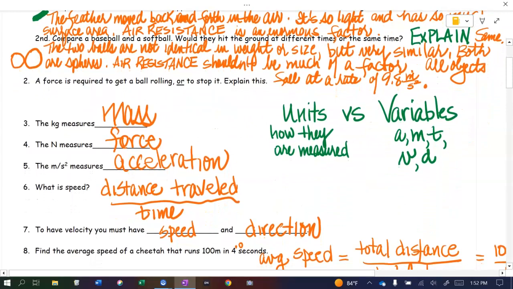A force is required to get a ball rolling or to stop it. Explain this.